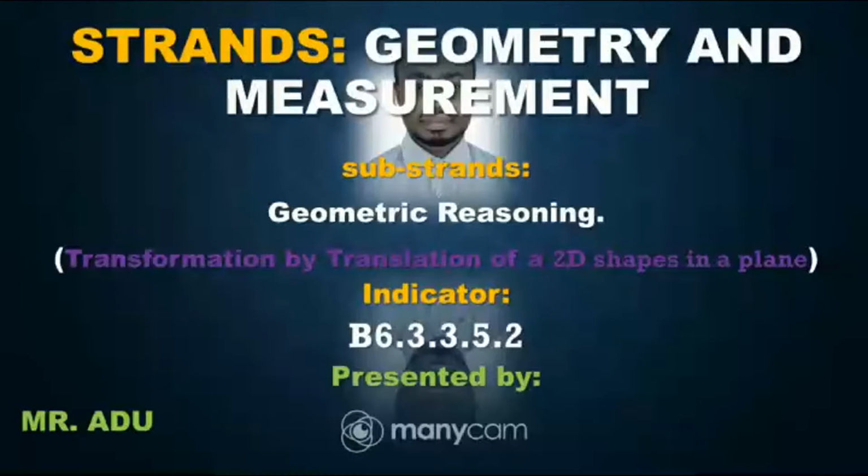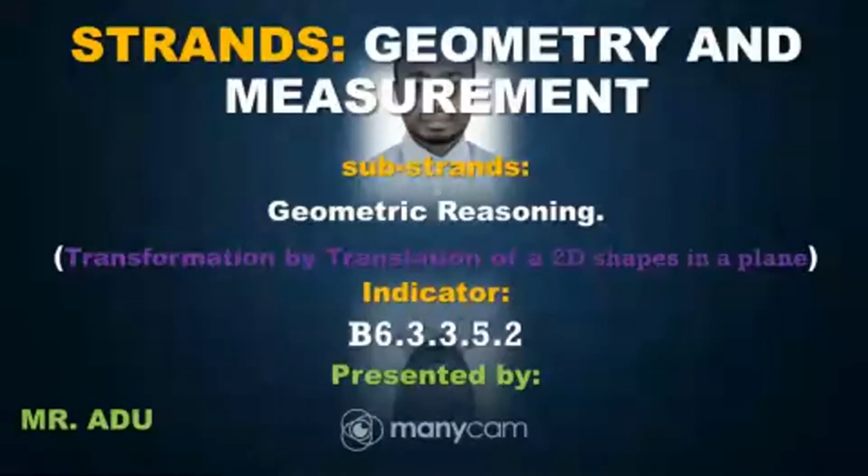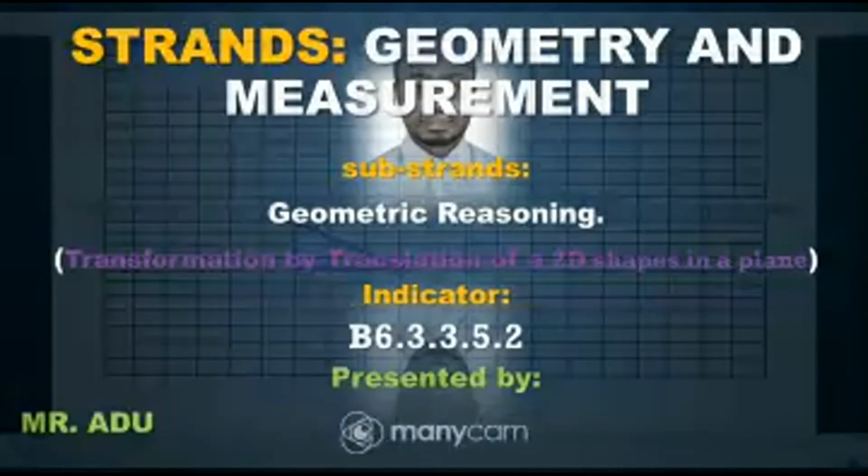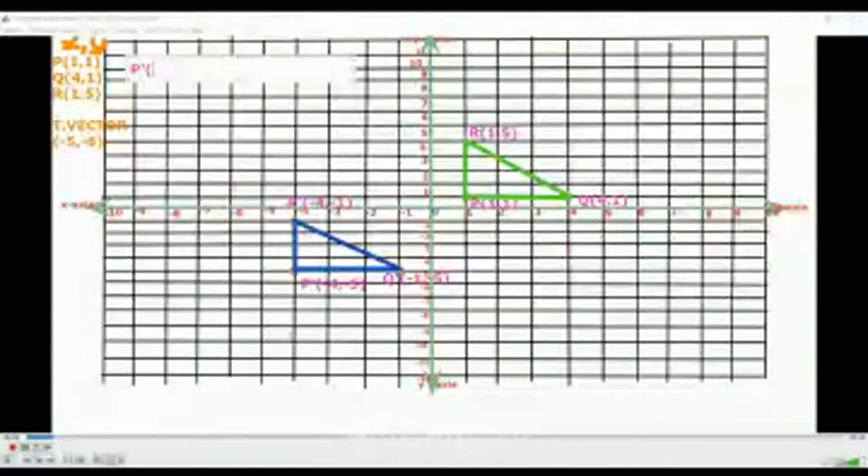In our previous lessons, we did the transformation. We got -4 and -5. That was -4 and -5.